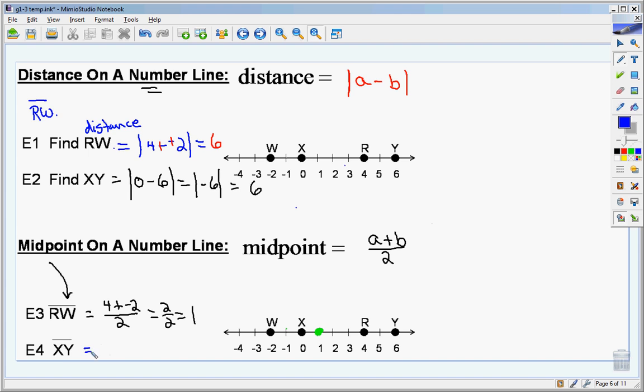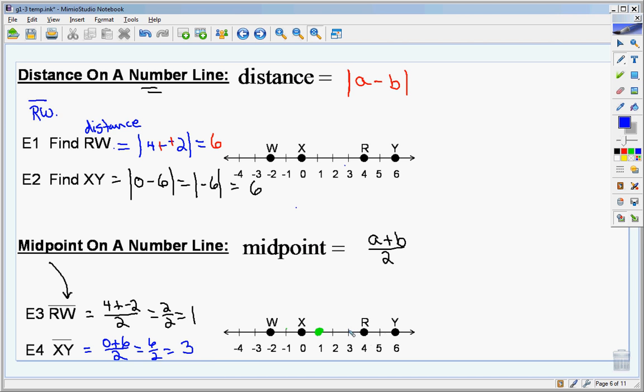Likewise, if I'm finding the midpoint of XY, X coordinate is 0, Y coordinate is 6, 0 plus 6 is obviously 6. 6 divided by 2 is 3.